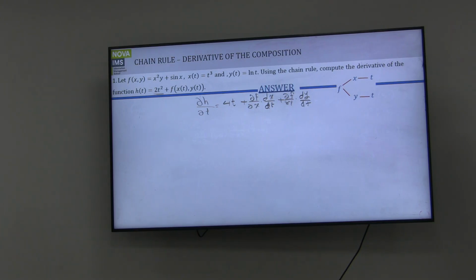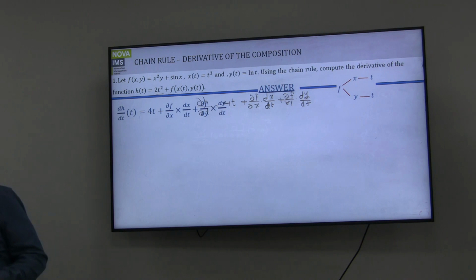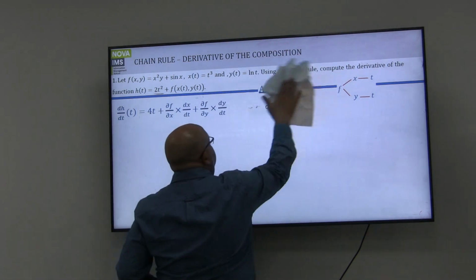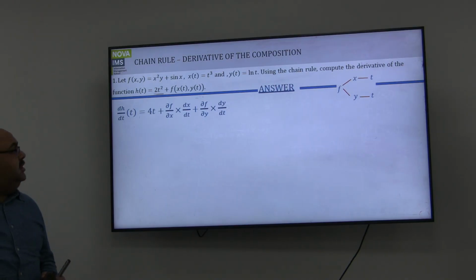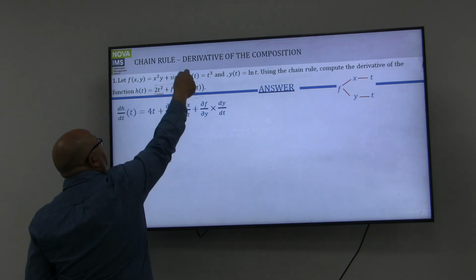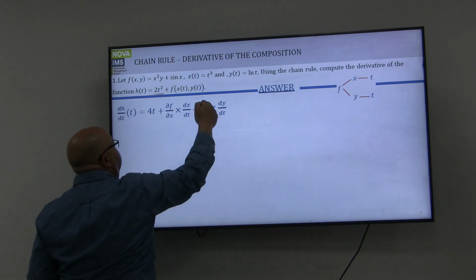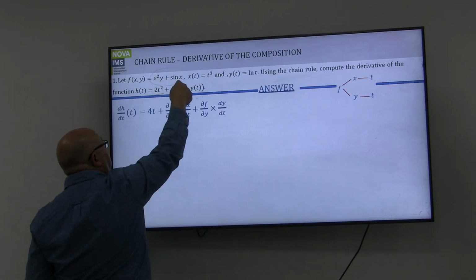The next step is we will start substituting. As I told you, the first step is to differentiate the first part, which is going to be direct. It's going to lead you to 4t. Then I will differentiate f with respect to x, which will come from this part. Then differentiation of f with respect to y, also from this part.